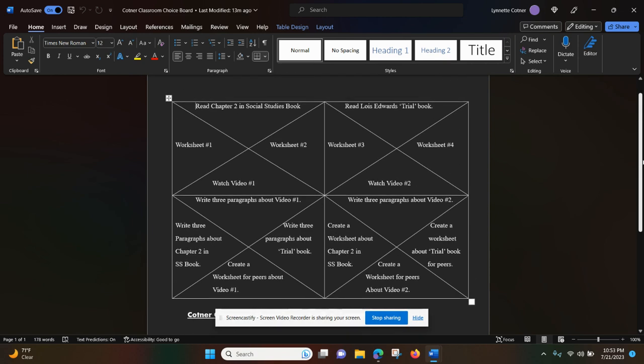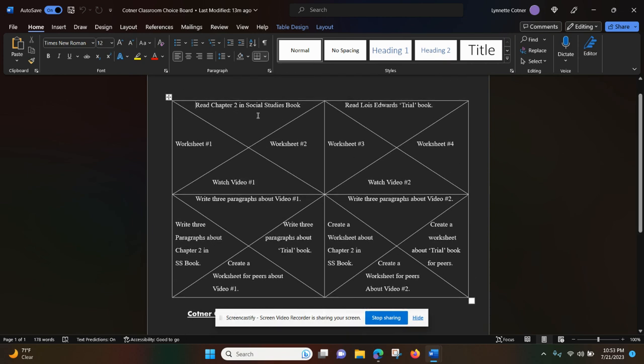So, depending on if they choose to read the social studies chapter or the Lois Edwards book, then they will need to write 3 paragraphs about the trial book, or 3 paragraphs about the chapter 2 social studies book. And then here, depending on if they choose video 1 or video 2, then they would need to write 3 paragraphs about whichever video they chose.